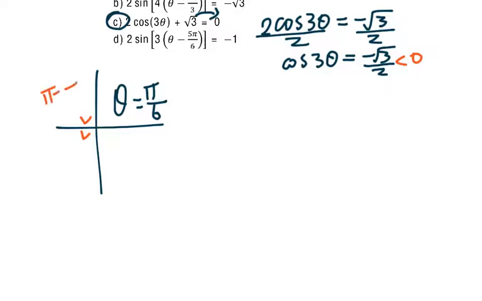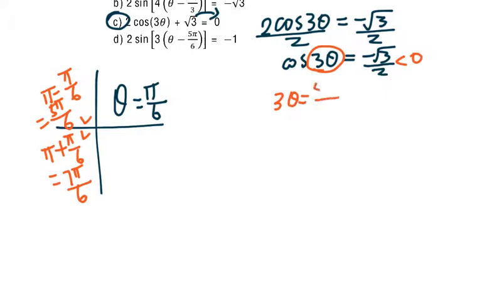So I have pi minus pi over 6. You get the 5 pi over 6. Then pi plus pi over 6, you get the 7 pi over 6. So 3 theta will be equal to either 5 pi over 6, or 3 theta equals 7 pi over 6. And I divide by 3 on both sides.